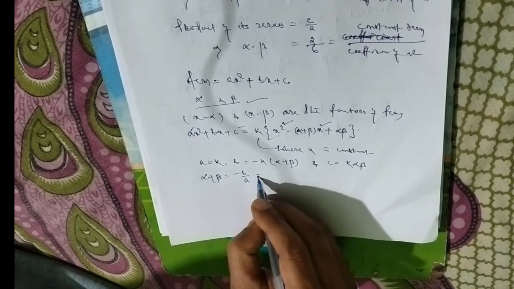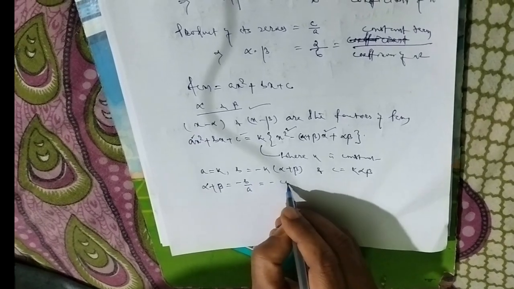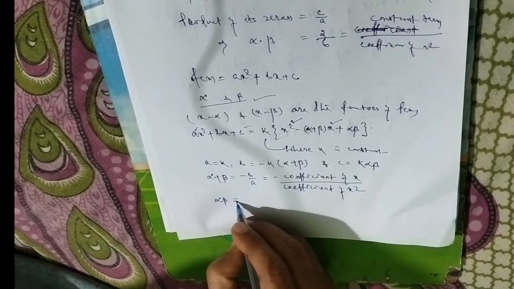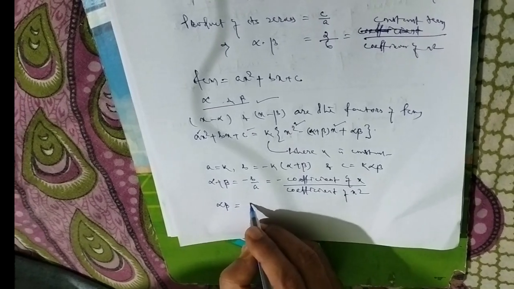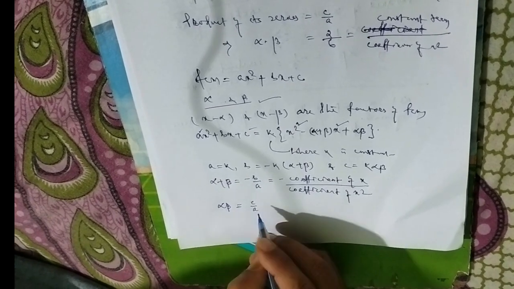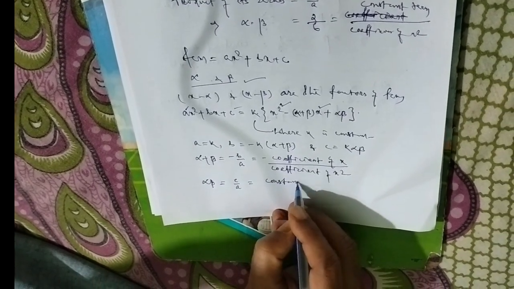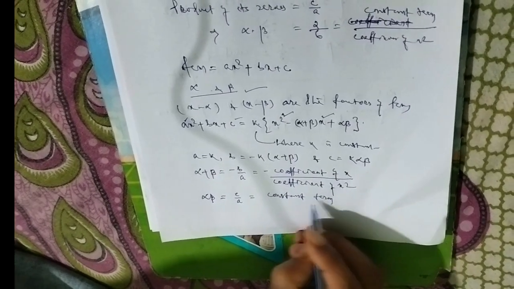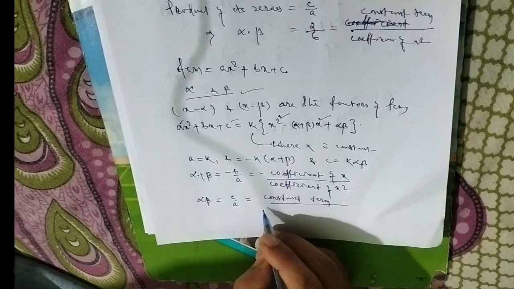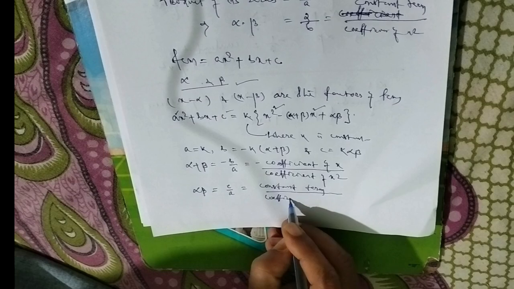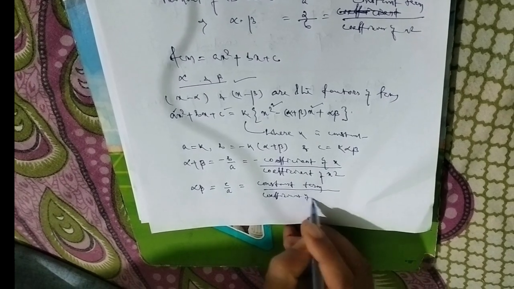Alpha into beta, the product, is equal to alpha into beta, whose formula is c by a. What is c? C is the constant term. What is a? A is the coefficient of x square.